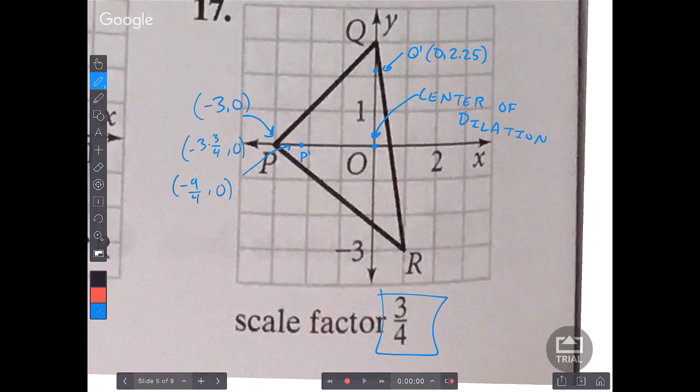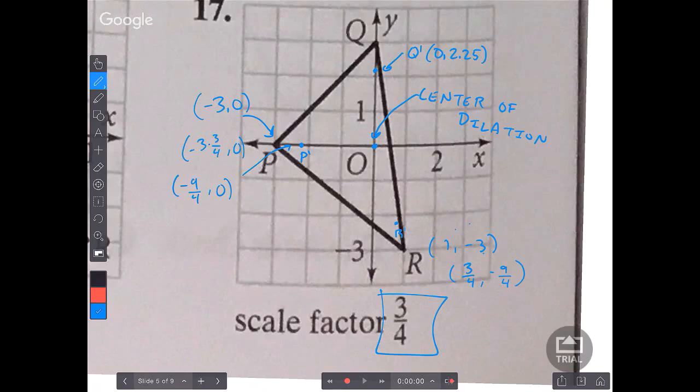And then this point, R right now is at 1, negative 3. So it's going to go to 3/4, comma, negative 9/4. So 3/4 here, negative 9/4 there.